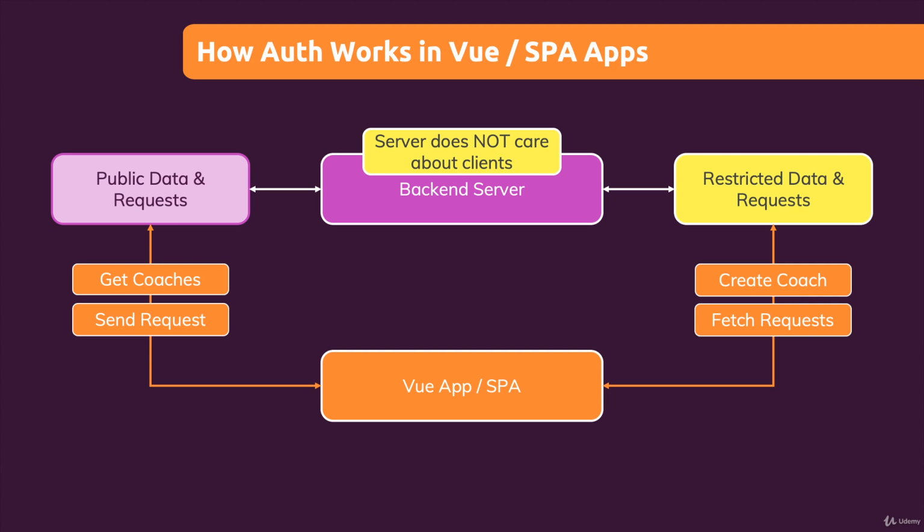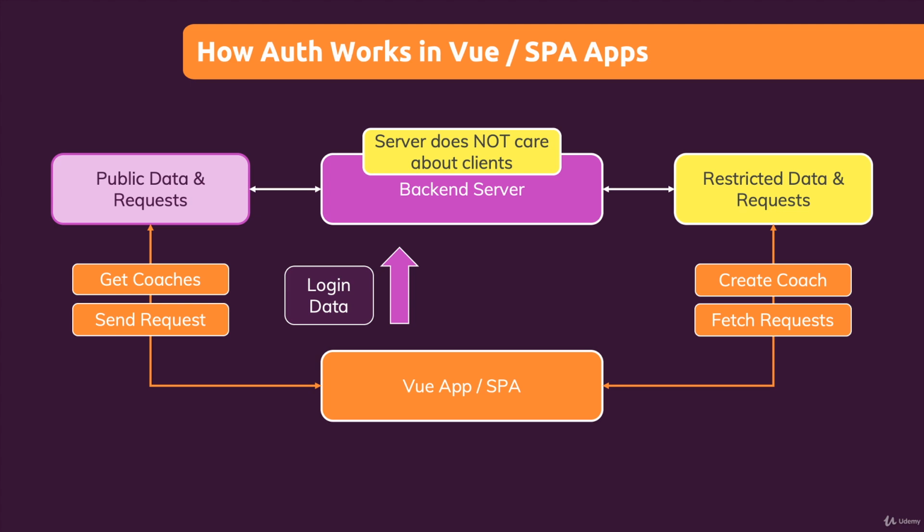Now, of course, it all starts by some login data being sent from the Vue app to the server. We have some login page in our Vue app, and once the user entered an email address and a password, that data is sent to the server to create the user or to log the user in. And now on traditional websites, the server would basically store a session.